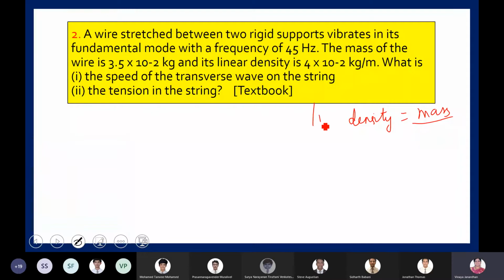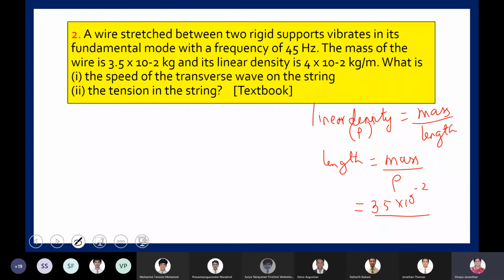If I go for linear density, then I have to go for length. So what will be the length? Mass is given, right? Suppose I take this as rho, so that will be mass by rho, right? So what is the mass? 3.5 into 10 to the power of minus 2 kilograms divided by linear density, which is 4 into 10 to the power of minus 2 kilogram.